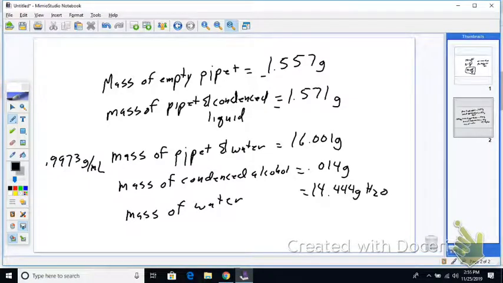I want to know the volume of the water, and I want it in liters, since it's going in the ideal gas law. Basically I need to know the volume of this that my gas is in. Okay?